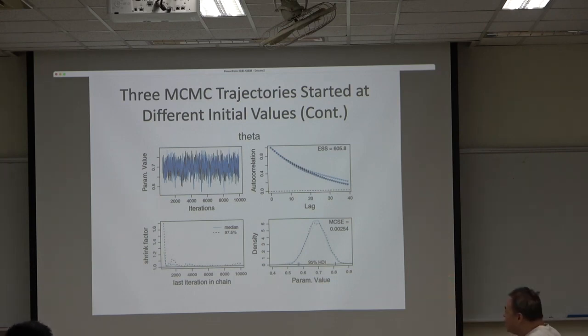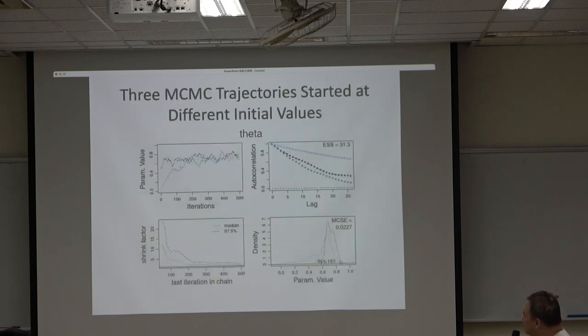That shows the trajectory of the parameter value. It represents how the parameters are jumping from one value to another. Remember, it's a random walk, so it goes up and down.